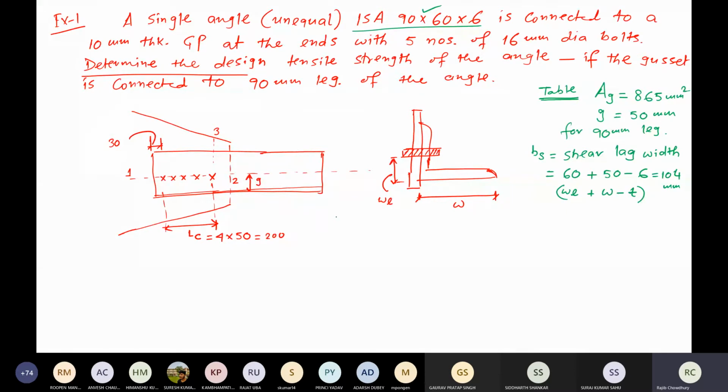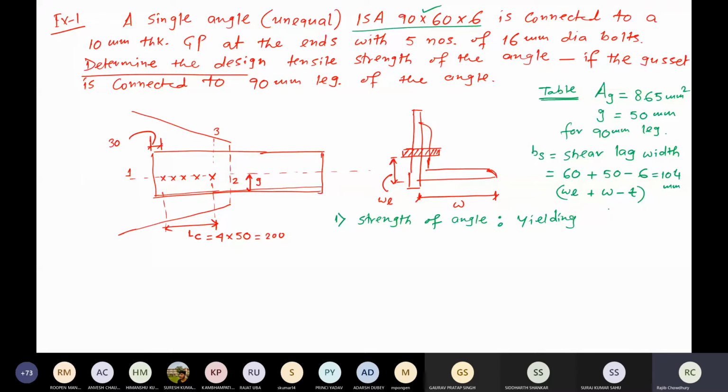The first thing that I am going to evaluate, step by step, is the strength of the plate as yielding of the gross cross section, the strength of the angle or the joint as yielding of the first failure mode or first failure event.